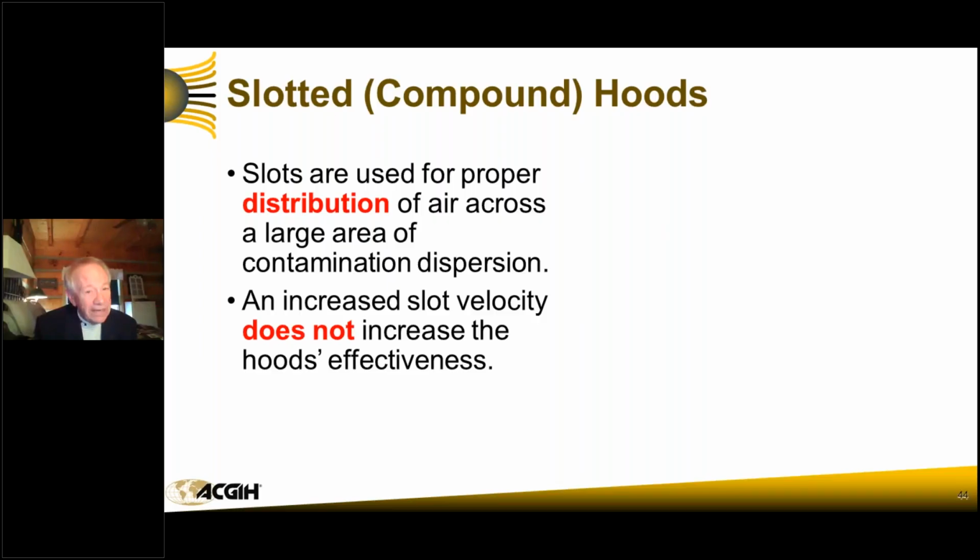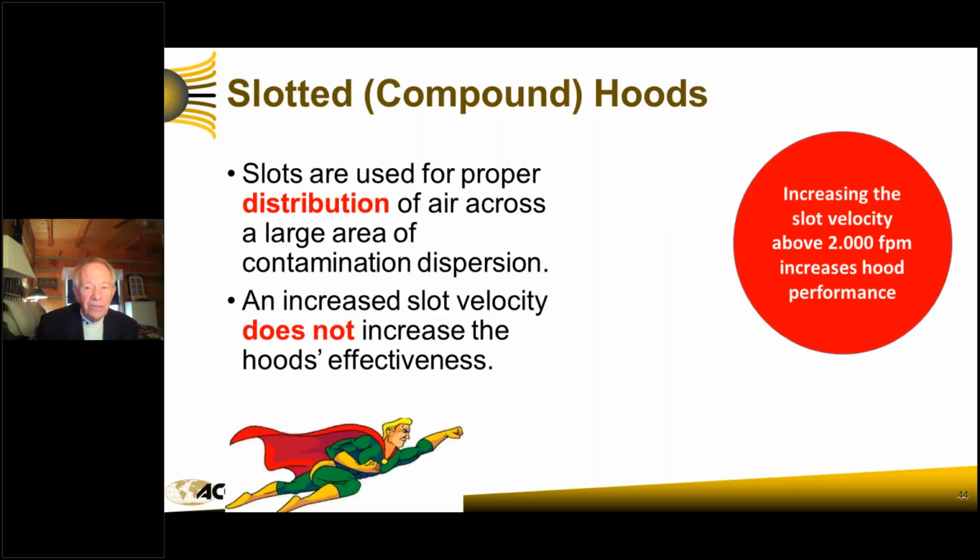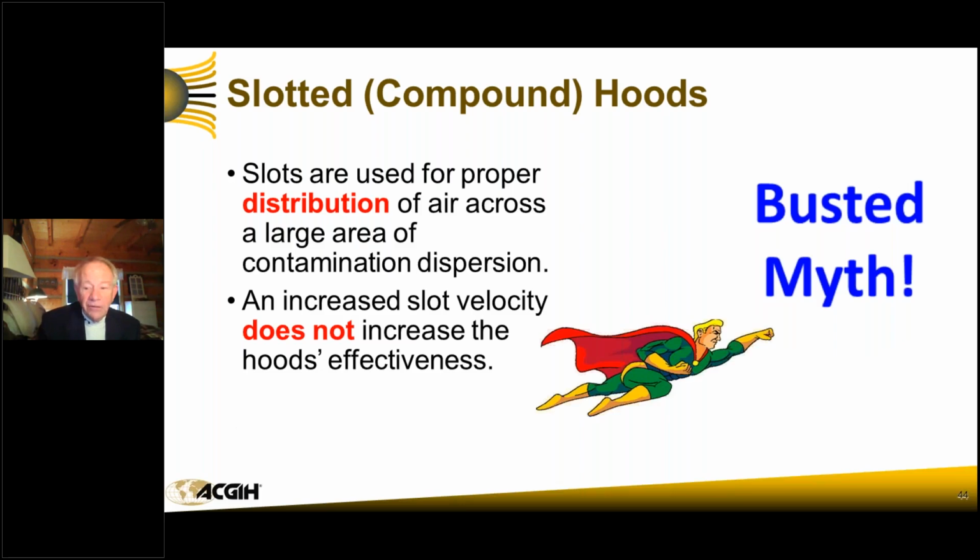If you increase the flow rate, absolutely. But having a higher slot velocity does not increase the hood's effectiveness one iota. That is a myth busted. Don't do it. You should call me if you ever want to design a slot that is greater than 2,000 feet per minute, because it probably is not working. It's going to work against you.